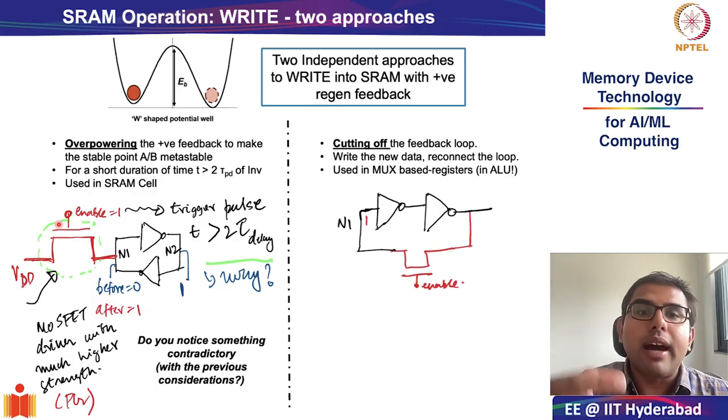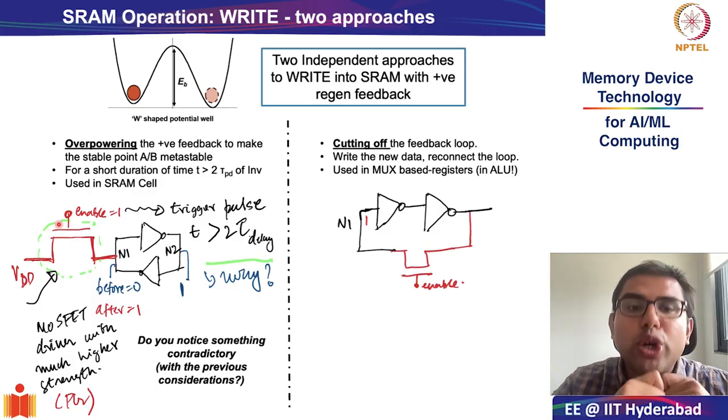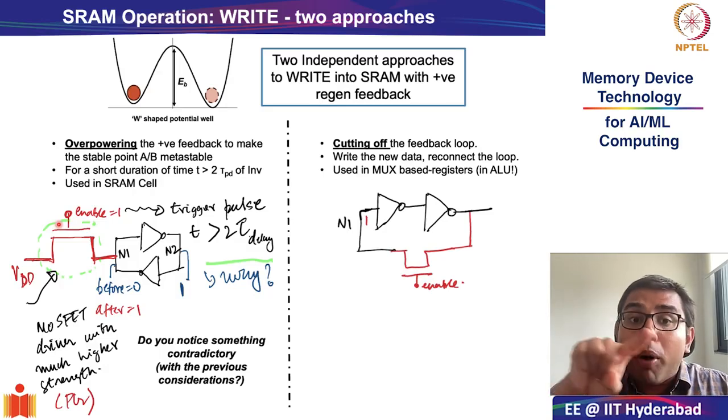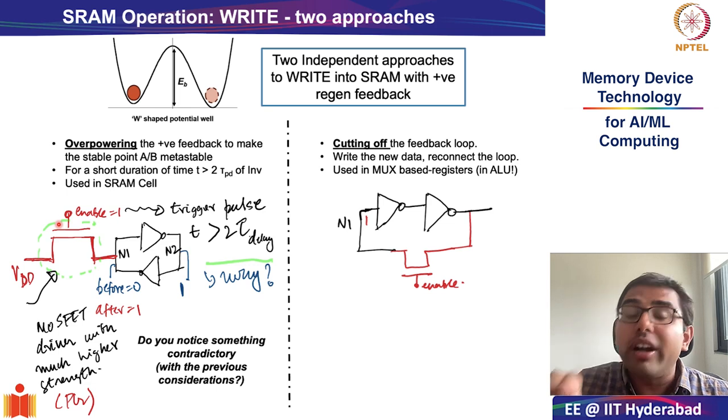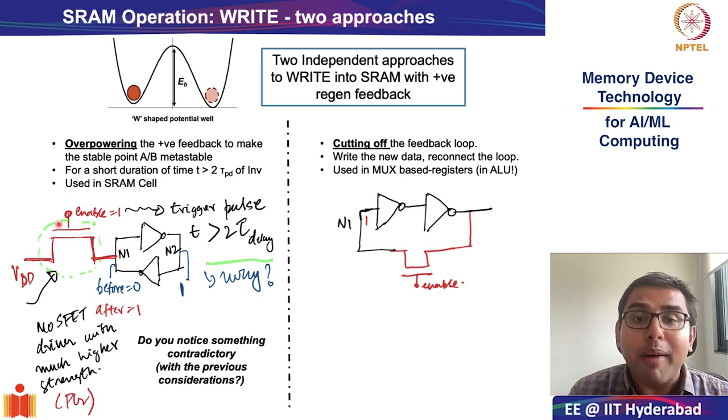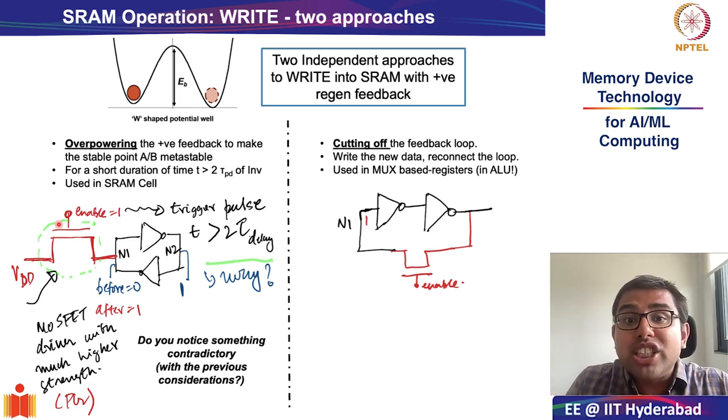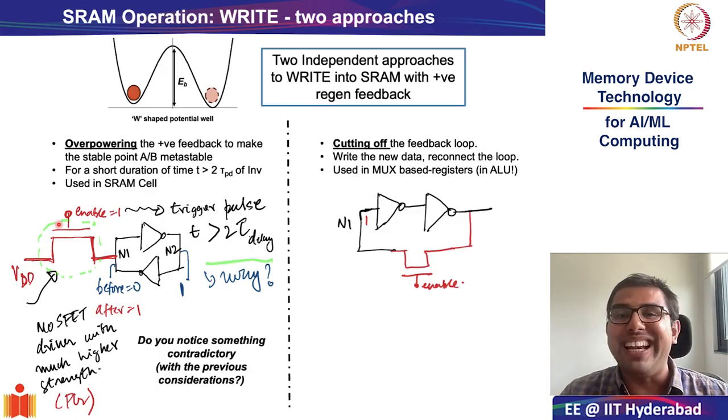And the force that we are trying to overpower in the write operation is the positive regenerative feedback, right? So a question can come to our mind. What if we just remove this positive regenerative feedback? And that can be done very intelligently.